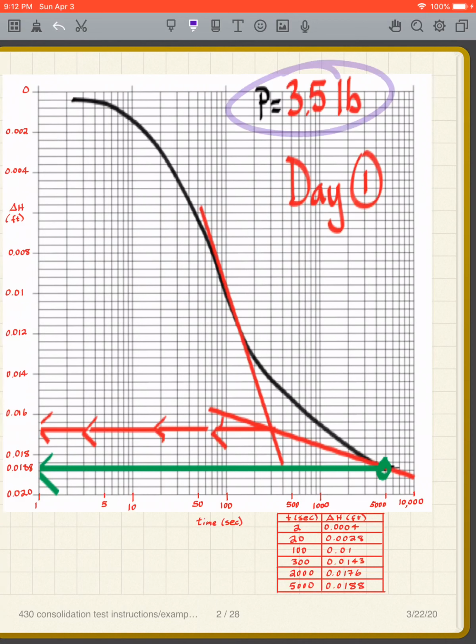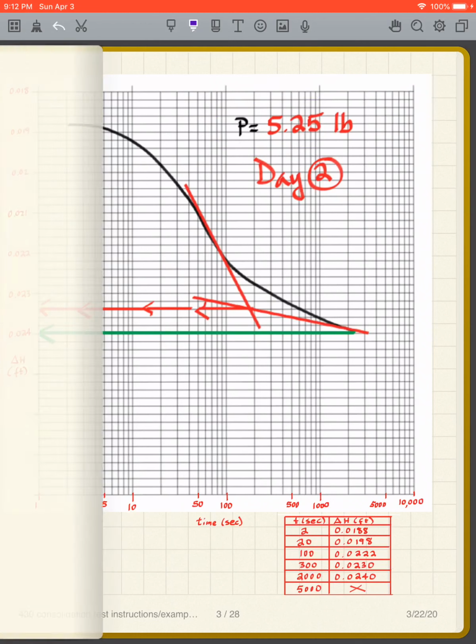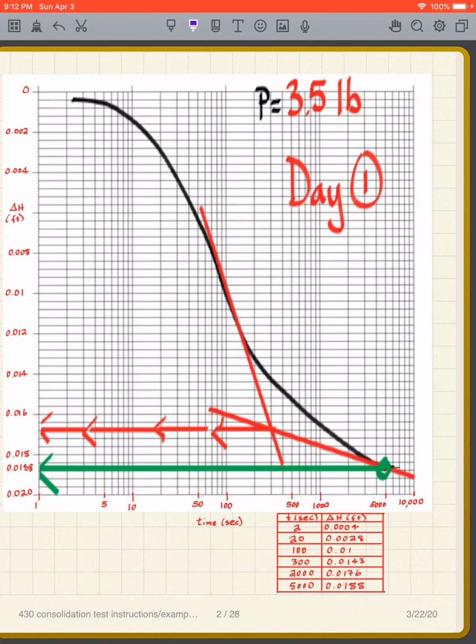The load here is 3.5 pounds. That's for day 1, and the load on day 2 is 5.25 pounds. That's for day 2. So we're interested in really the load and the last point for the first data that we want to reduce. So there's the load, there's the last point.